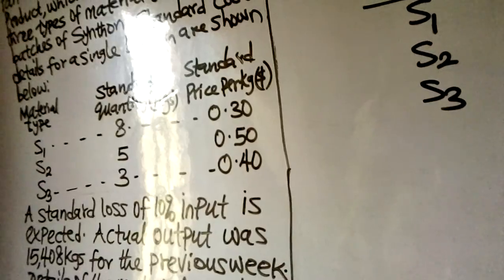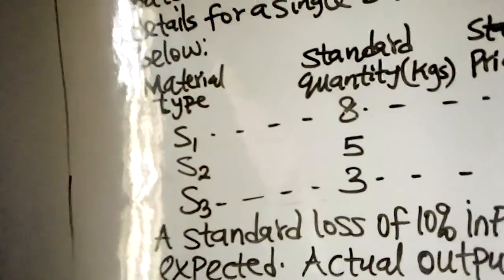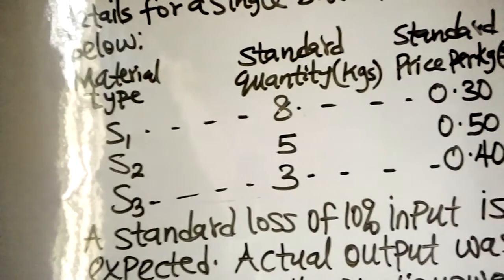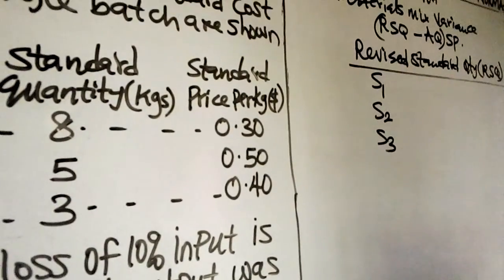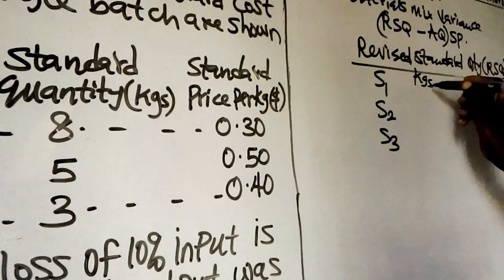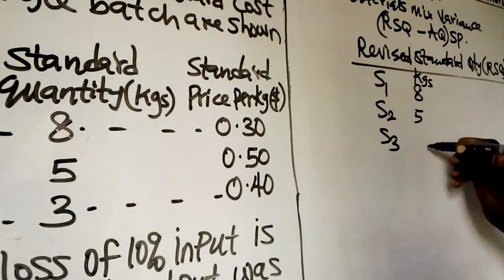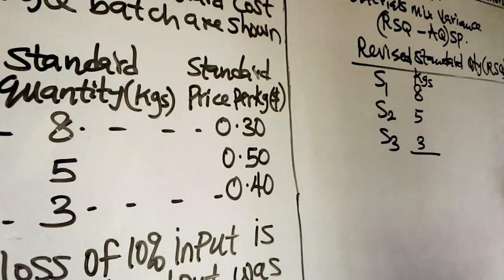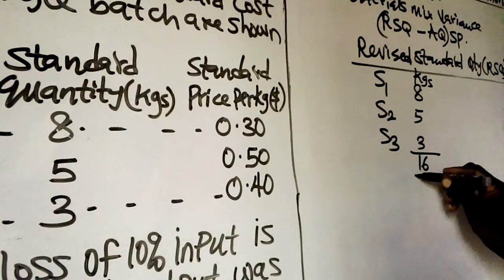We have 8 kg, 5 kg and 3 kg. When you sum it up, 8 plus 5 plus 3, that will give us 16.